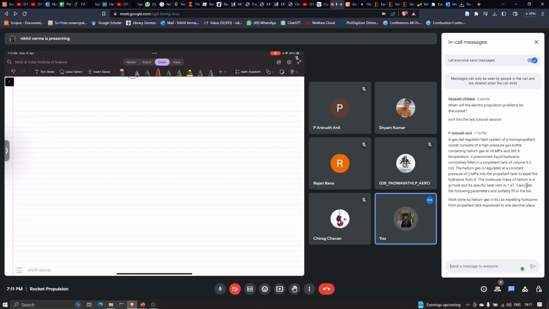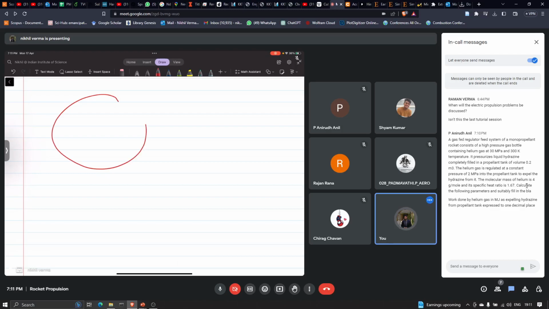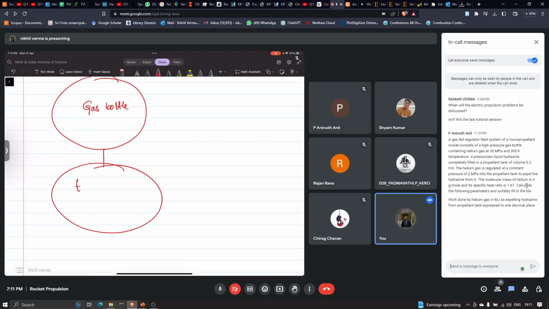So a gas fed system. We have some gas bottle, and we have a tank. A gas phase system, monopropellant, containing helium at 30 megapascals, temperature 300 Kelvin, and we have hydrazine in the tank.